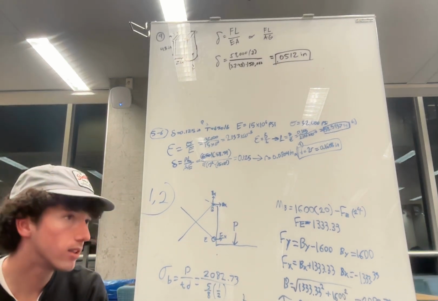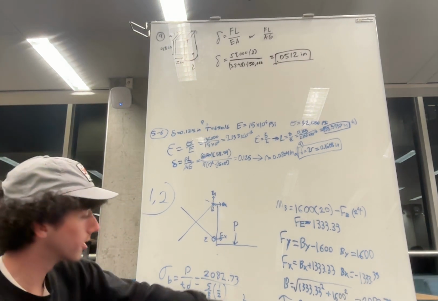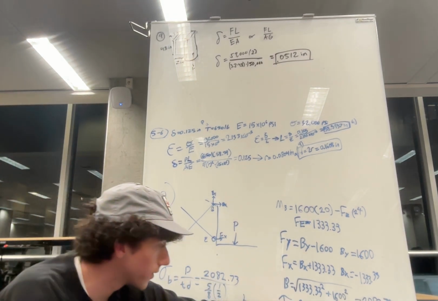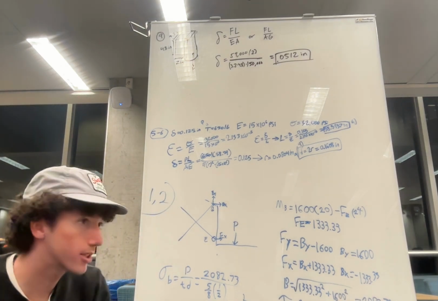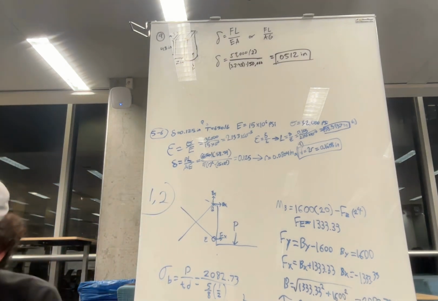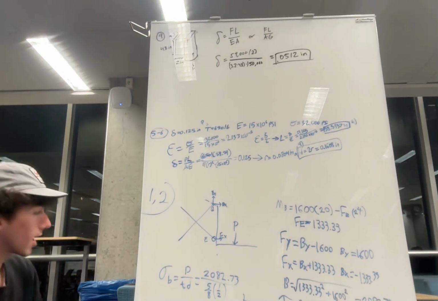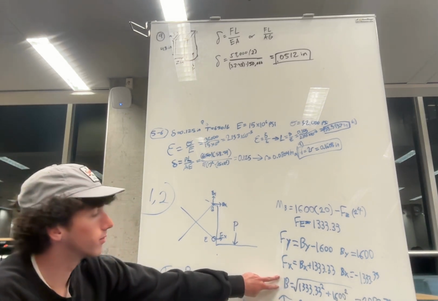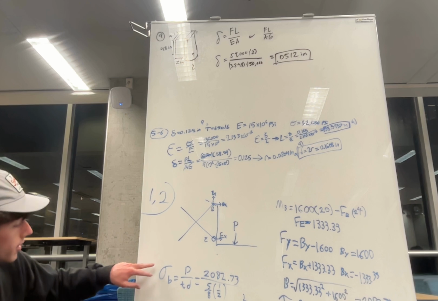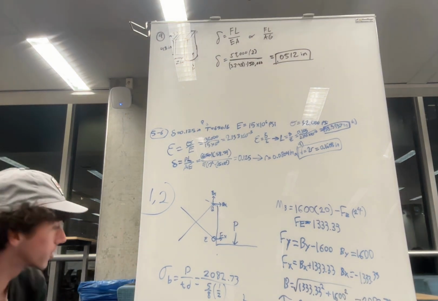So that's just stress is P over A. I probably should have put the equation in, my bad. Then we'll divide that by 1,000 so that we're in KSI, and then you get 10.607. For part 2, we are looking for the bearing stress at B. For that one, we're going to keep using this magnitude of force at B, and we have an exact equation for bearing stress, so that's pretty simple.